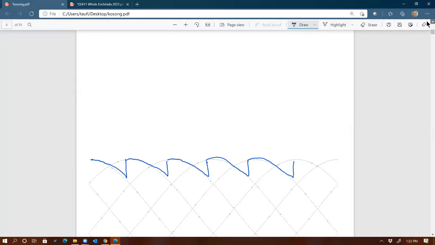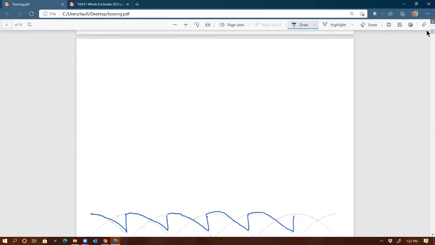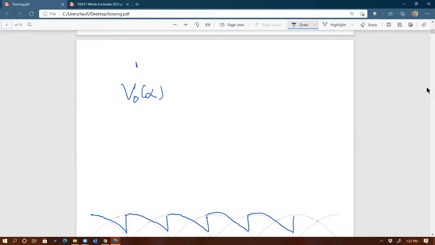So V out as a function of alpha, this is DC, is equal to 3 V_M line-to-line peak divided by pi, cosine of alpha. So I know that if you change alpha, then you change the DC.